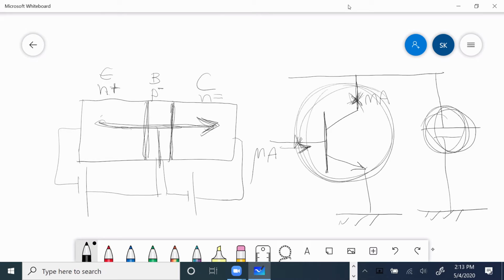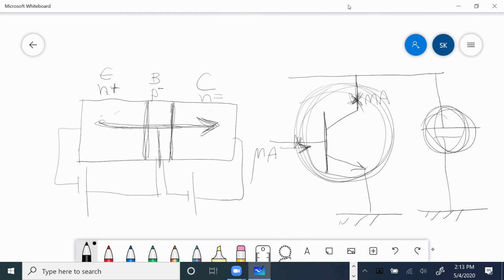Again, two junctions, three regions, N, P, N. N is heavily doped, P is lighter doped, N again is even lighter doped. Base is pretty narrow. If we can make those, then this device will be made.